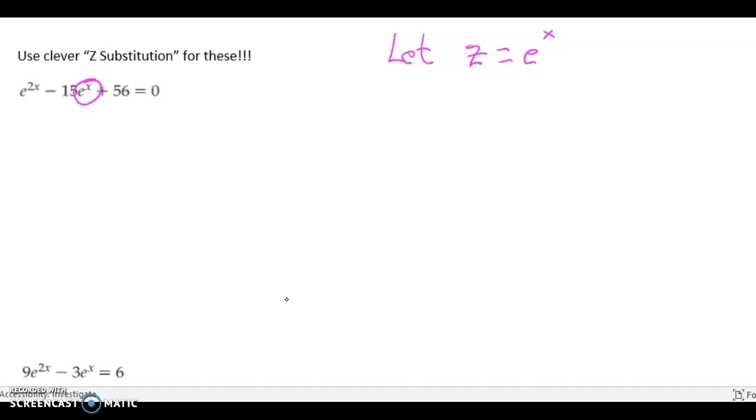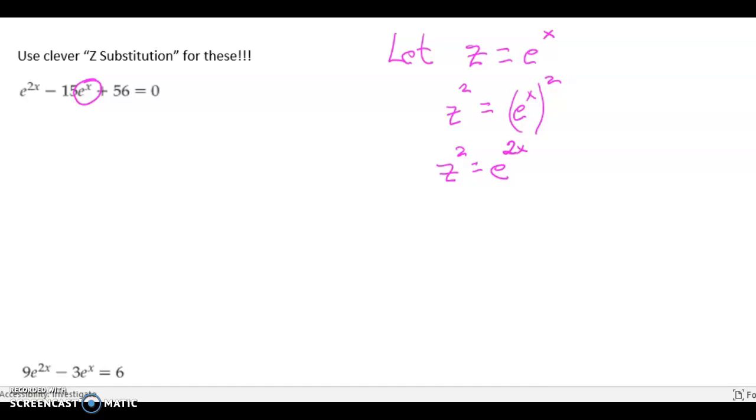So if I squared both sides of this, z squared would equal e to the x, squared, which would be e to the 2x power. Power to a power, you multiply.